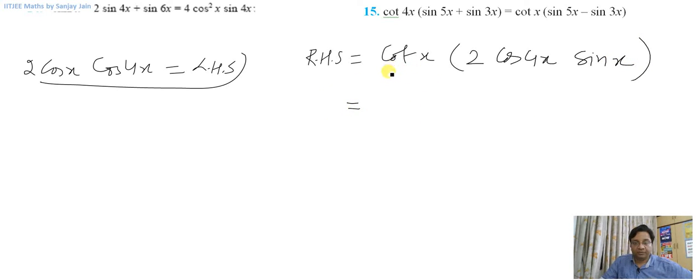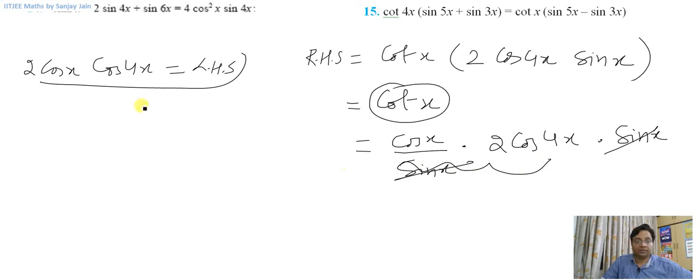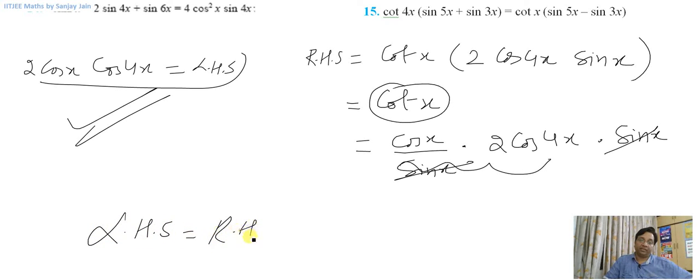And now if I simplify it a little bit more, this will be cot x. So cot x can be written as cos x by sin x. So let me write it, cos x by sin x into 2 cos 4x into sin x. Now if you see, sin x can be cancelled, and this is nothing but the left hand side that I got. So I can say the left hand side is equal to the right hand side. So question number 15 is proved.